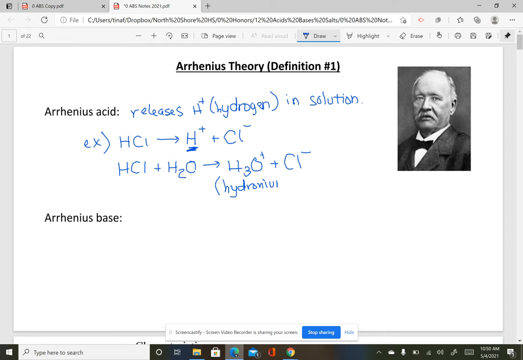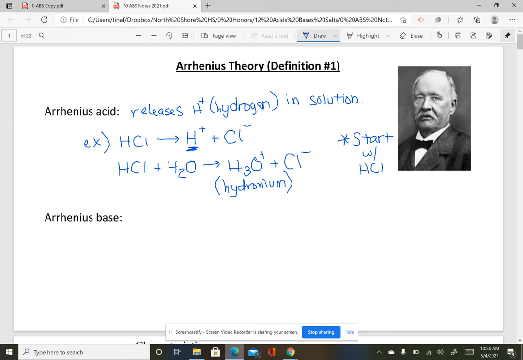So whether we're talking about hydrogen or hydronium, if you have a lot of them in your solution, you're going to have an acidic solution. Okay. An easy way to determine if something is an acid by looking at it: they usually start with the letter H, like HCl.